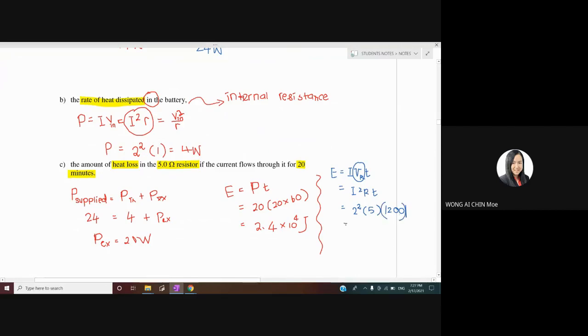So you will also get 2.4 times 10 to the power of 4 joule.